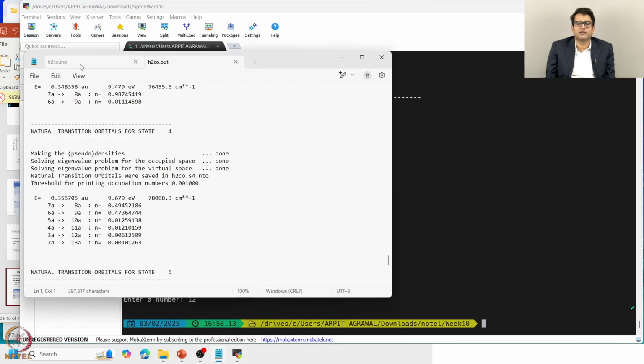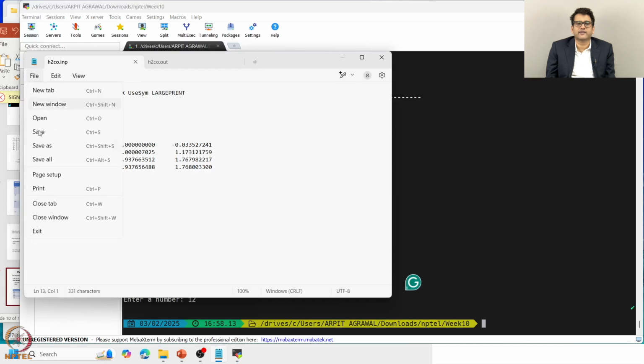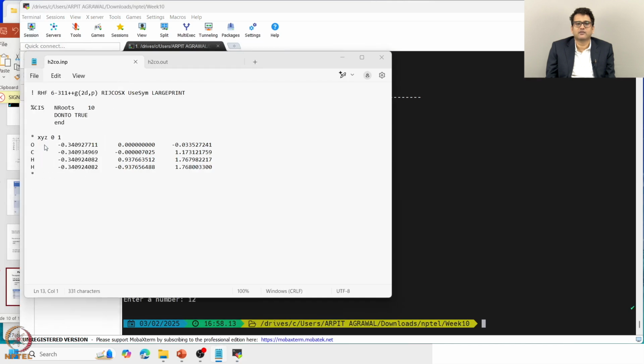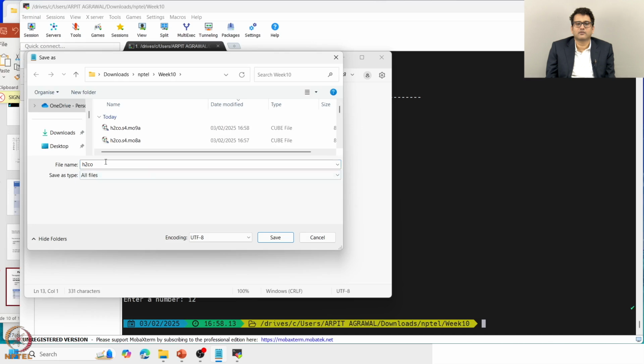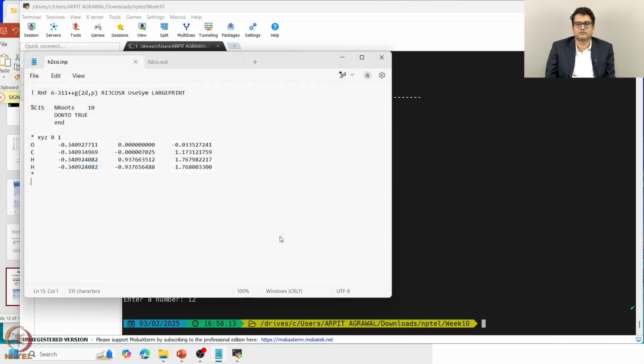Let me use the H2CO input file and save as. So, in place of RHF, I write CAM-B3LYP.